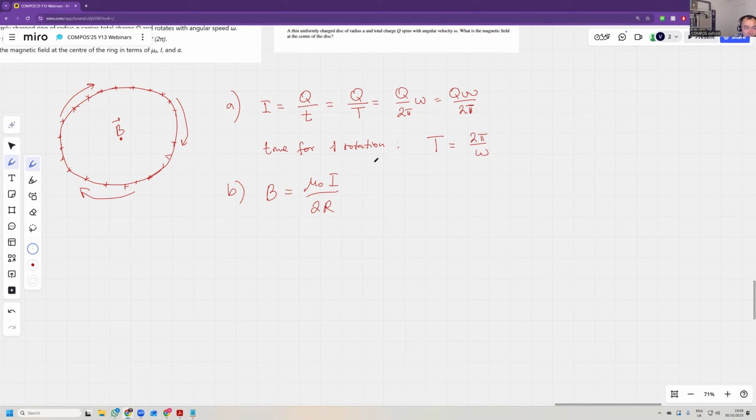What do we know? We need the current. So it's equal to mu 0 multiplied by q omega divided by 4 pi r. And that's the magnetic field.